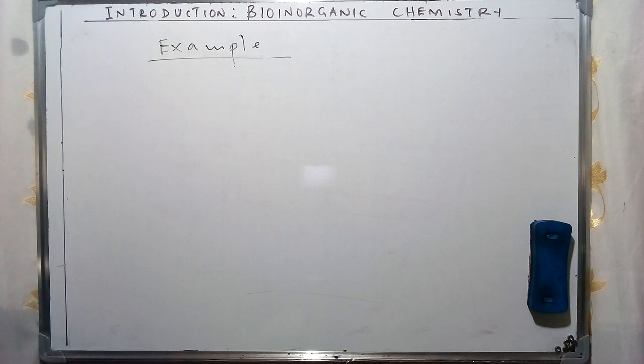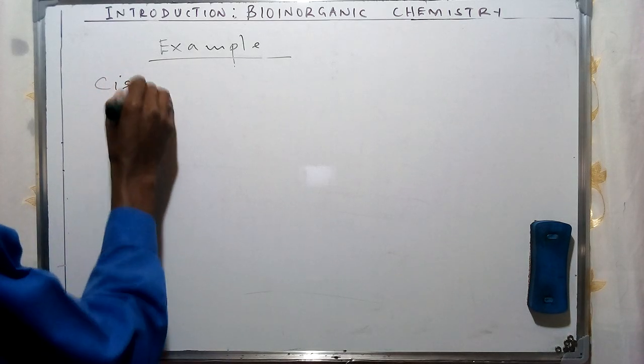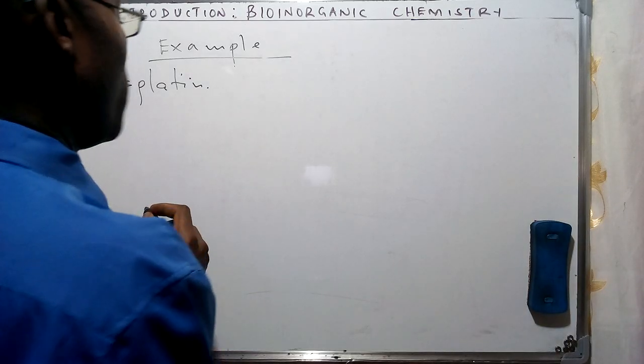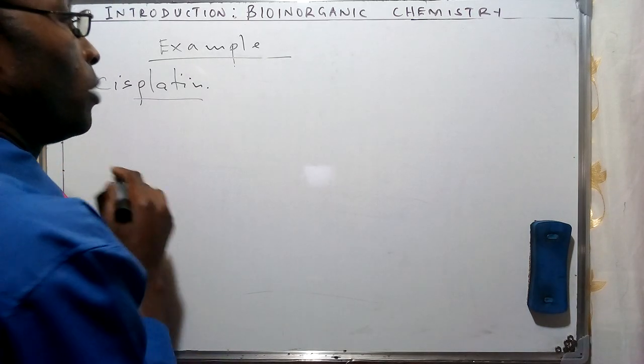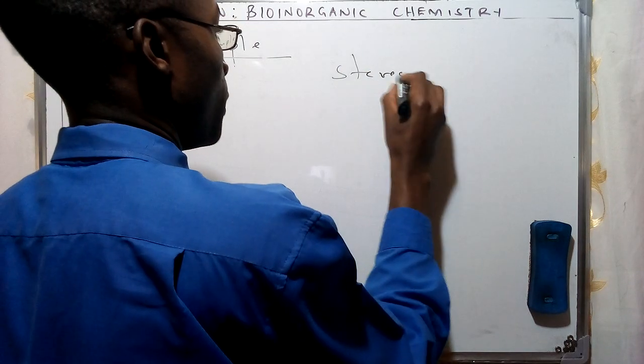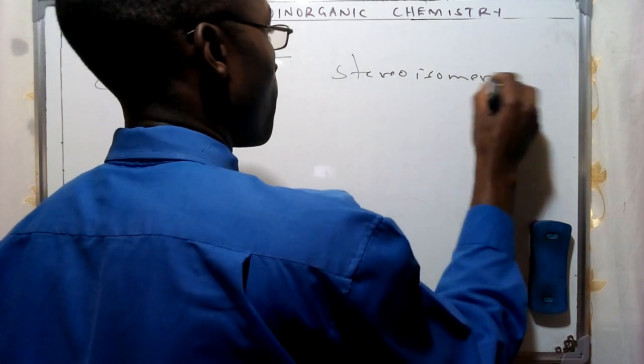And this is one of the products which we are going to come across, especially in our conformational studies, or perhaps in our coordination chemistry. I can give an example of what we refer to as cisplatin. Now, this is particularly an isomer, or what we refer to as a stereoisomer.